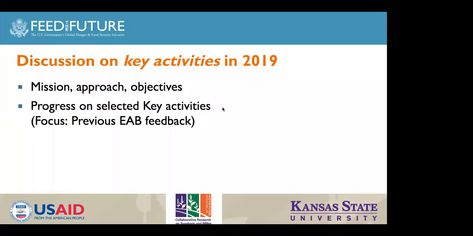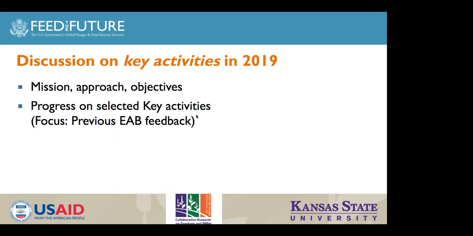Following the template that the ME provided, I'll start with discussion of key activities in 2019. Before I dive into the details of the key activities, I do want to remind everyone of our overall mission, our approach, and the objectives that the key activities tie into.